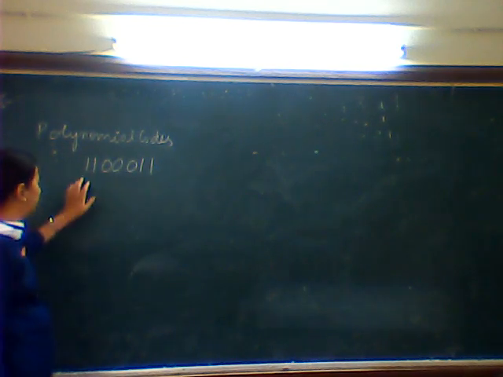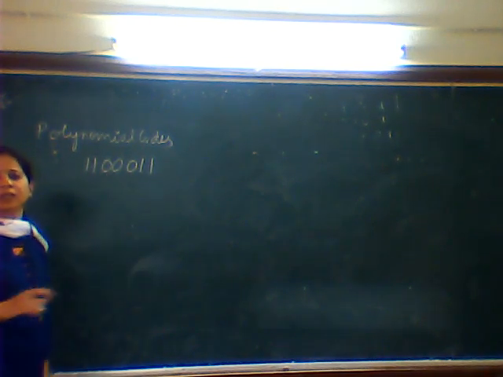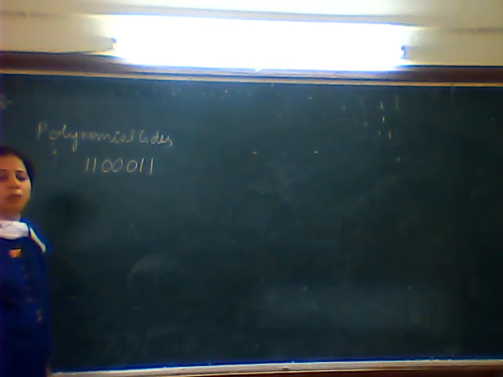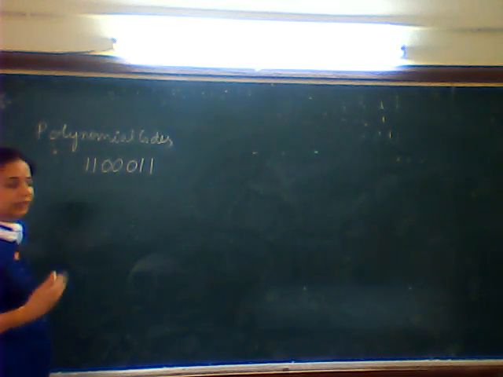Alright. So how many bits are there? 1, 2, 3, 4, 5, 6, 7. So this particular bit string we are now going to represent in the form of a polynomial which has a degree more than 2. So how are we going to represent it? This is the first bit.